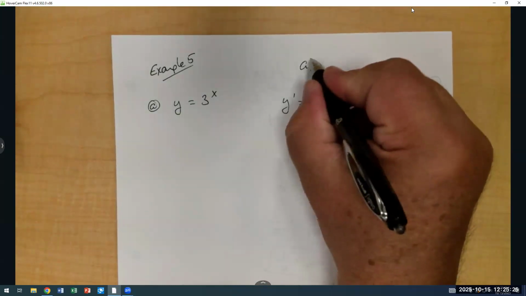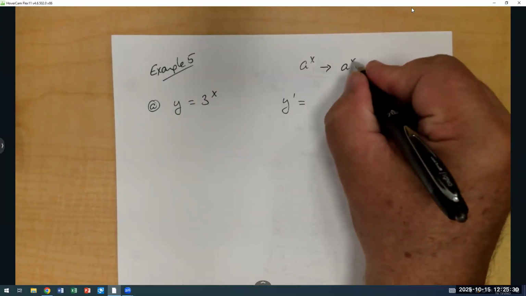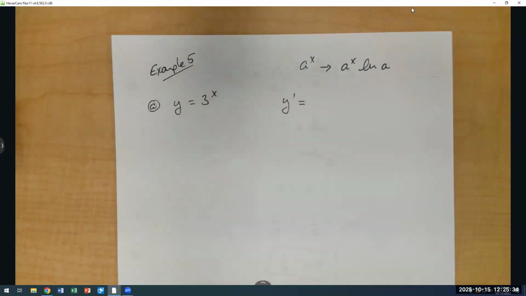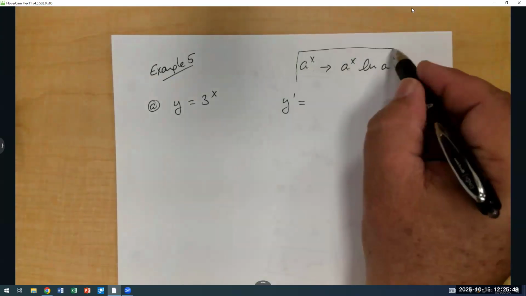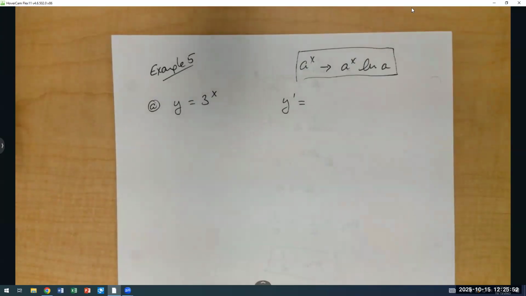We'll be using this. It's not 3x, it's 3 to the power x, right?